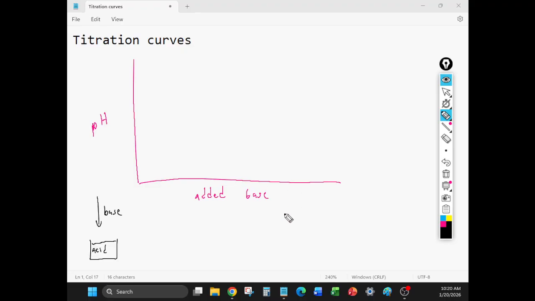Okay, so let's take a look at how the pH will change. Now, if you take a look right here, we are adding base to acid. So before we add any base, so when we're at 0, what we're going to assume is that the pH is going to be less than 7. So let's say this is 7. This is when it's neutral. And if you just have acid, we know that acids have a pH less than 7. So we're going to start just underneath 7.